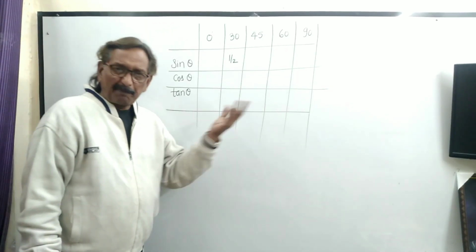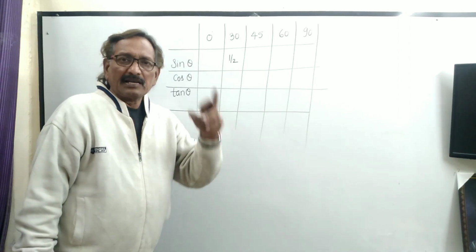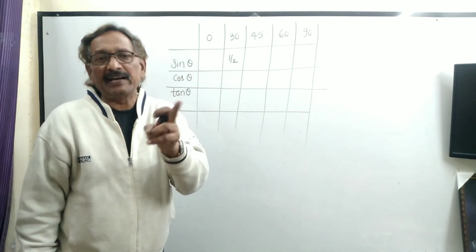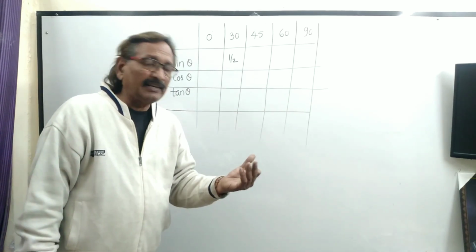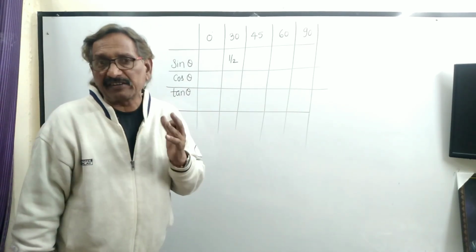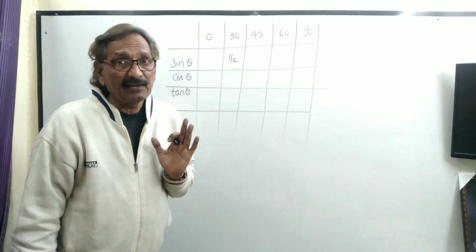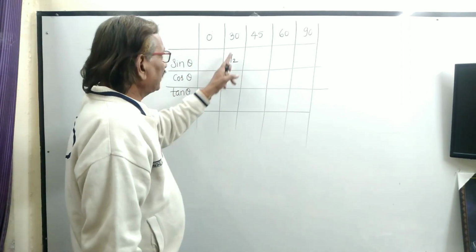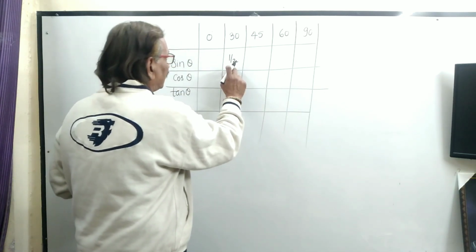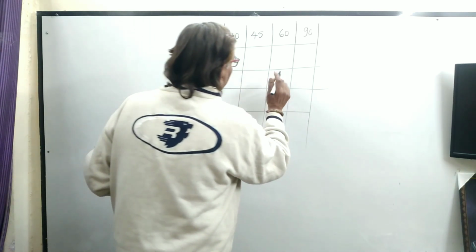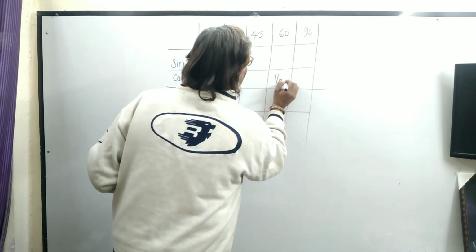Everybody knows, in my previous lecture it was mentioned, sin theta is equal to cos 90 minus theta. Here theta is 30. So sin 30 is equal to cos 90 minus 30. That means cos 60. Agreed? Sin 30 is equal to cos 60. Value remains same. So here also I need to write the same value.